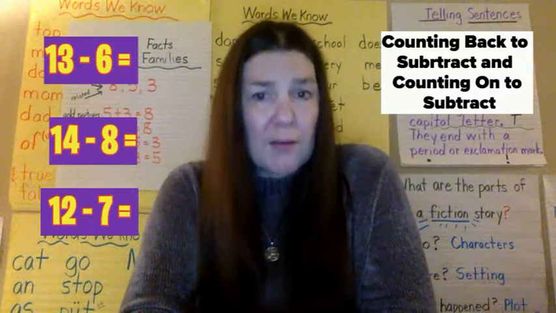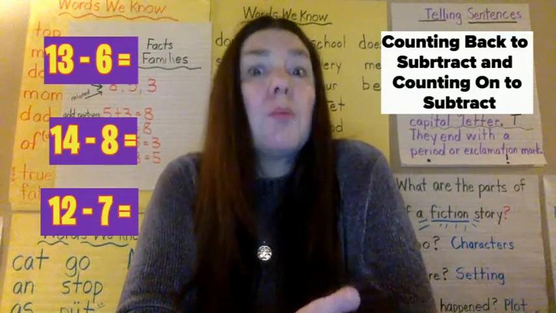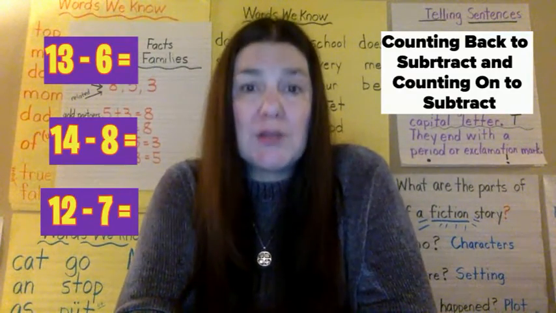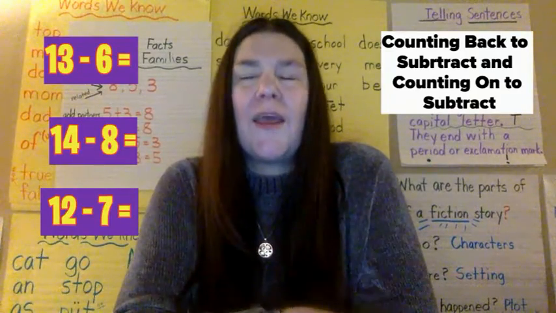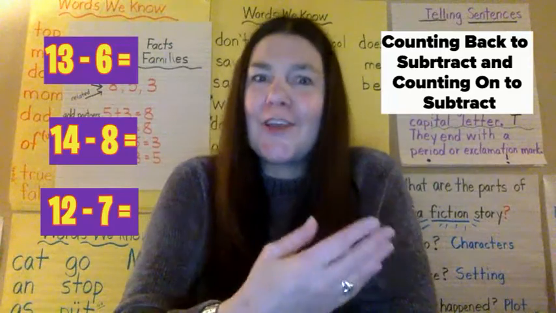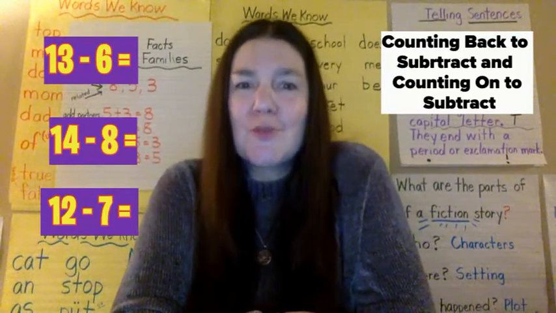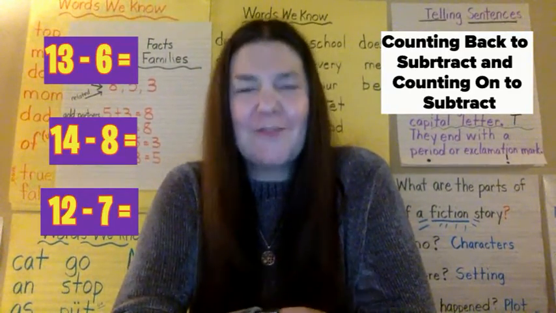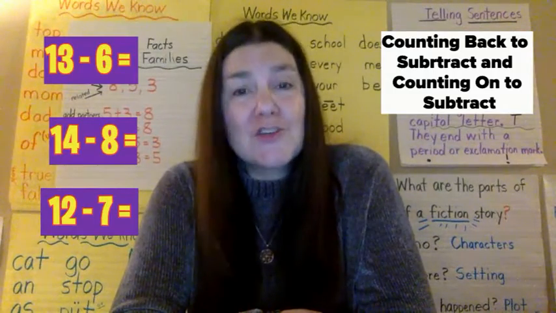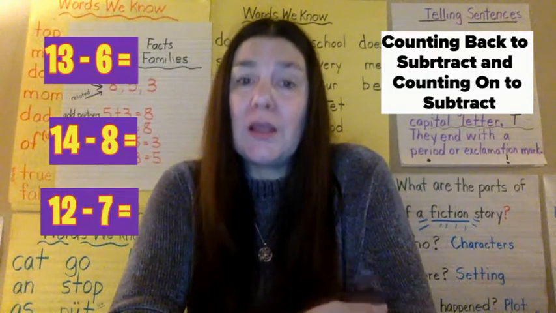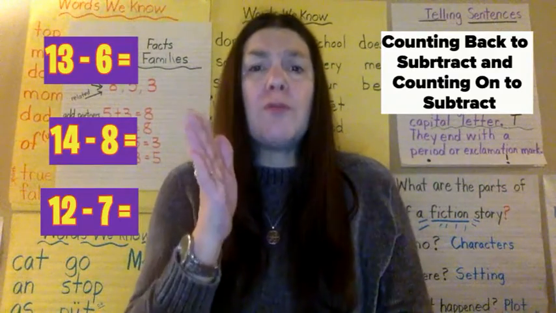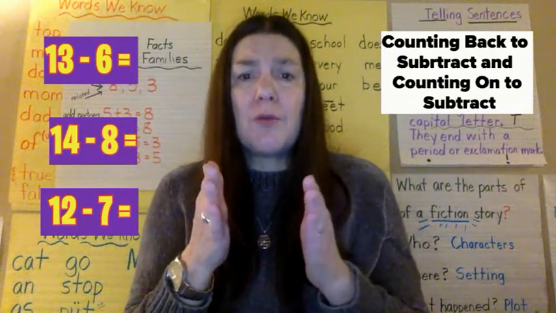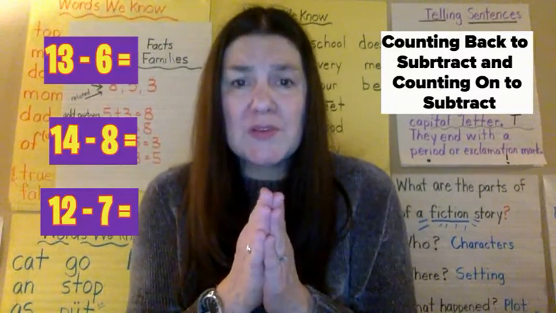Now, counting back can be tricky. The way our brain works is that it's a lot easier for us to count forward and to count on. And so when I say you're going to count on to subtract, you're probably thinking, what? But it actually is pretty quick and easy because all you're still doing is going from one number to another number and finding the spaces in between.